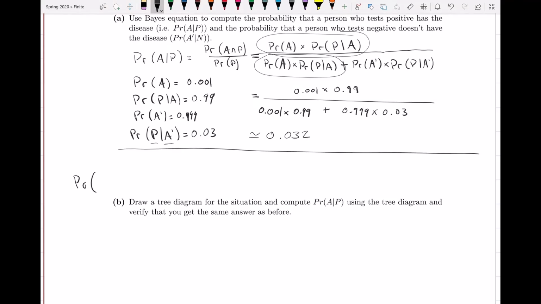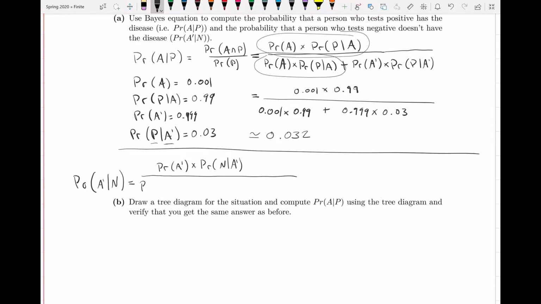If we want the probability of not having the disease, given that you test negative, well, by Bayes' equation, this is going to be the probability of not having the disease times the probability of testing negative given that you don't have the disease. Again, we have the flipped conditional probability to the one we're after. That's great. Now on the bottom, we know we're going to repeat this term.